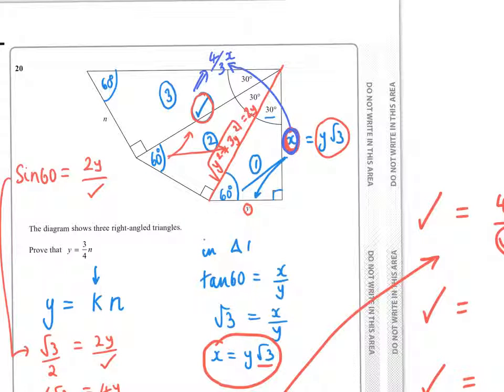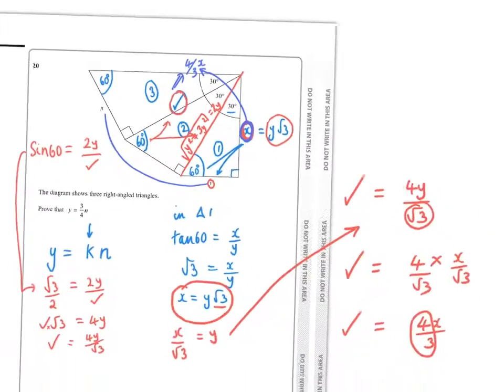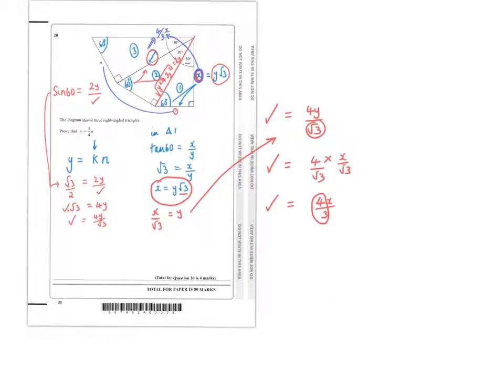Therefore, I'd have to do the same here, and that would be y times 4/3 gives n. So let's have a look.